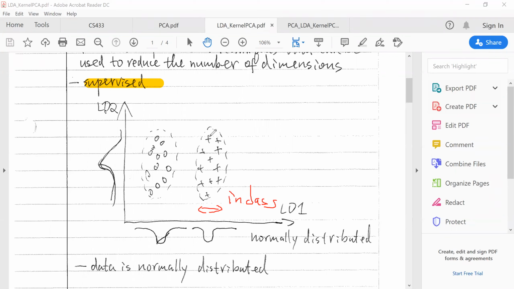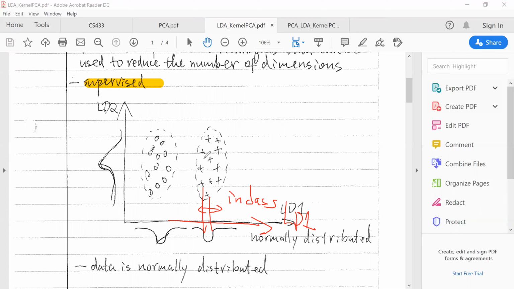You want this same class of data, when you pick this axis LD1, to be as close together as possible when you do the projection. So they are very close to each other when you project onto this LD1.